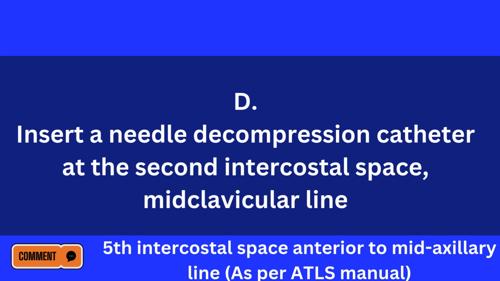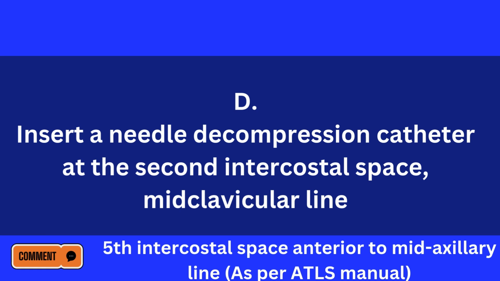And with these studies, it is found there's a failure rate of more than 50% if you go with the second intercostal space. But here that is not the right choice because we are going to follow the NICE guidelines, which is very clear that patients with tension pneumothorax with hemodynamic instability should have the open thoracostomy followed by chest drain insertion.